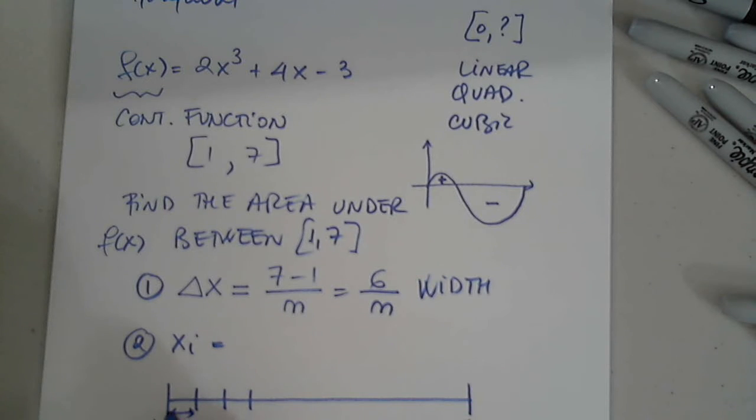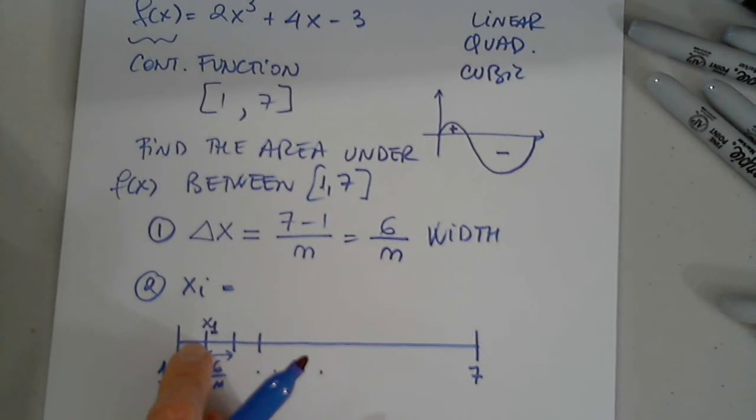So this is 6 over n, this is 6 over n, and so on and so forth. This is the first subinterval. It doesn't matter, because n goes to infinity, whether you use the leftmost point, the rightmost point, or the midpoint. Nobody cares anymore, because there are n subintervals and n will go to infinity.